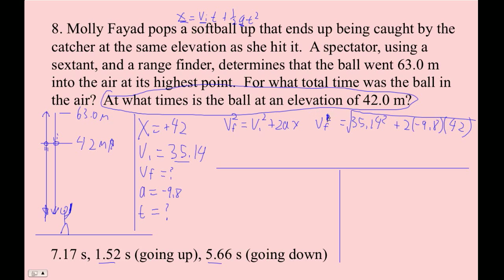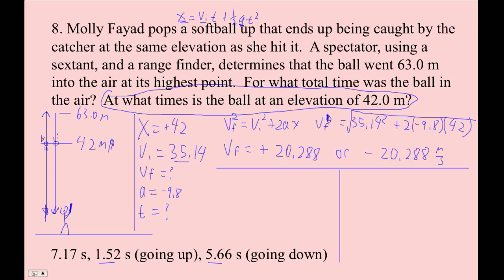So I go square root of 35.14 squared plus 2 times negative 9.8 times 42. Now I get that the final velocity is positive 20.288 meters per second or negative 20.288 meters per second.